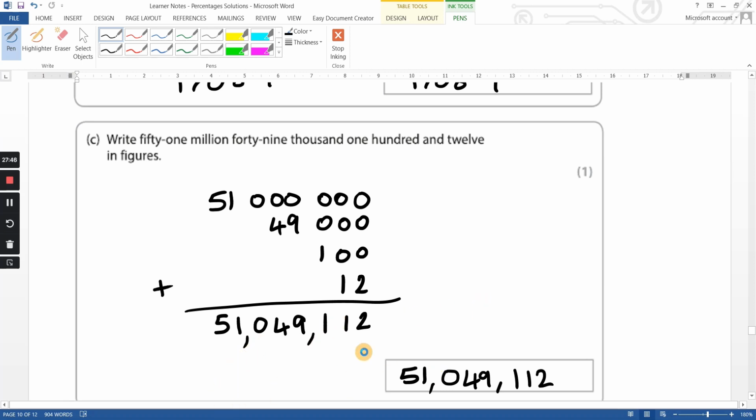Definitely don't put any dots in this. I have seen people put dots in their answer. I know a lot of countries do that to separate the thousands and the millions and so on. In the UK, you can't do that. You can't put a dot here, for example. It's not a decimal point.